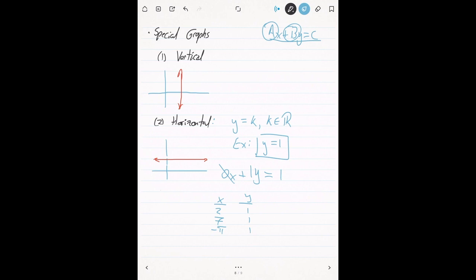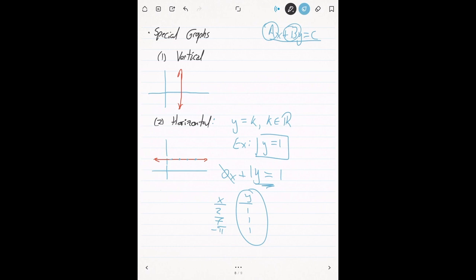So in this case, for solutions to this, you basically can have anything for x, but y is always the value 1, okay? If you picture this on a graph and plot these points, they're all on a horizontal line. What we're saying is x can be anything, but don't go up and down in y. Stay at the same y value all the time. Stay at the same kind of height in the graph all the time.